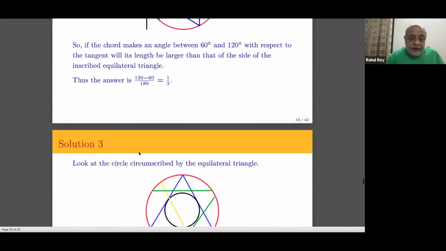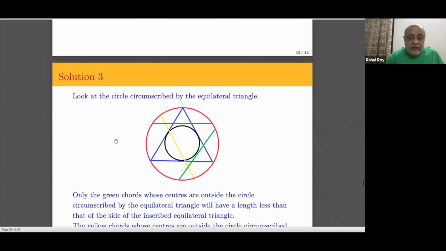And in the next, we are looking at the center of the chords and asking in what proportion of the area the center of the chord should be to have the length of the chord bigger than the side of an equilateral triangle. So these are actually three different specificities.